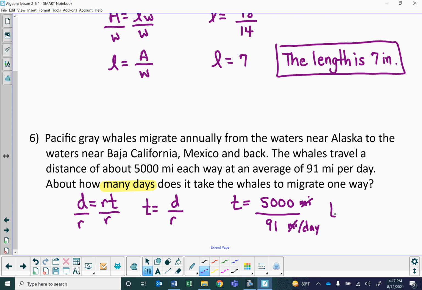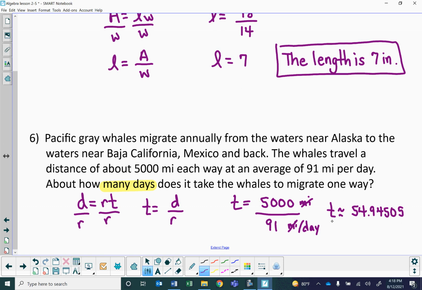My time is going to be 54.94505. So it says how many days does it take the whales to migrate one way? It's going to take about 55 days, because 54.94, you're talking about 55 days.